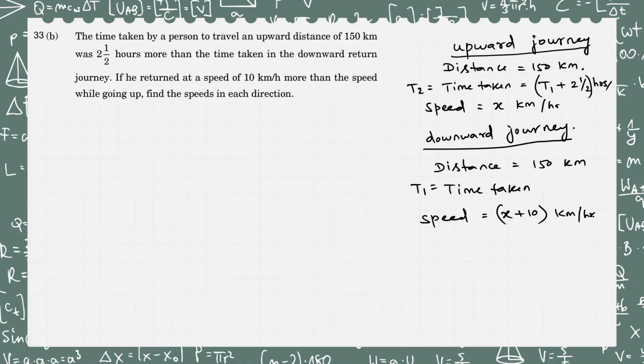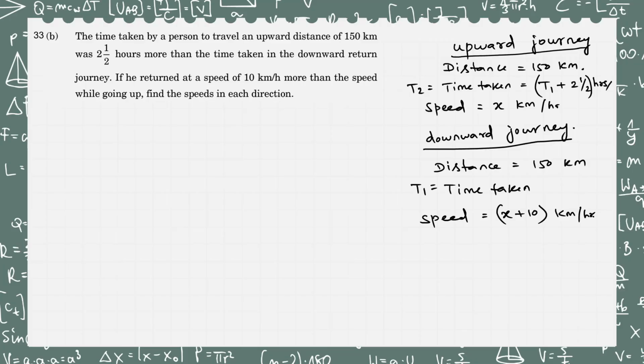We have to create one equation and solve it. So how can we create the equation? What is the hold here? The hold is that the difference between the time taken is 2.5 hours. So which time is a bigger quantity? Since the speed in the upward journey was less, that time taken is more obviously.